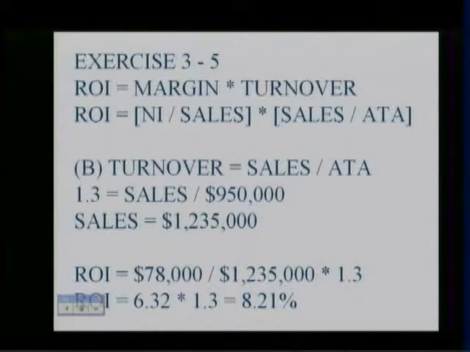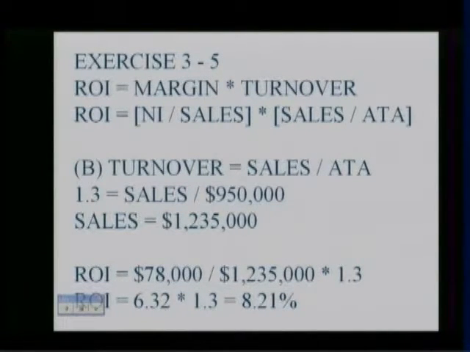And we can compute that sales is equal to $1,235,000. Well, if we know now our sales number, we know our turnover number, we know our average total assets, can we compute margin or ROI?